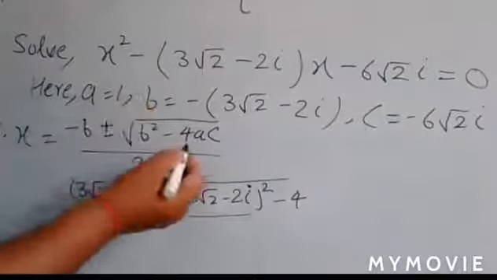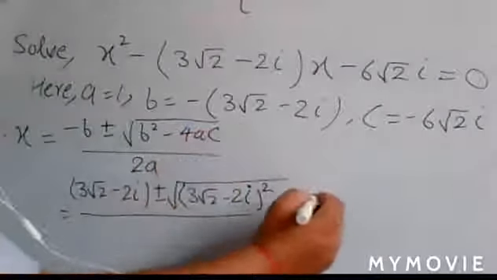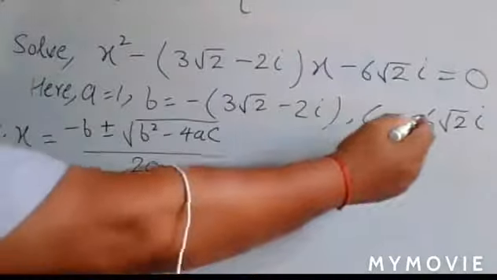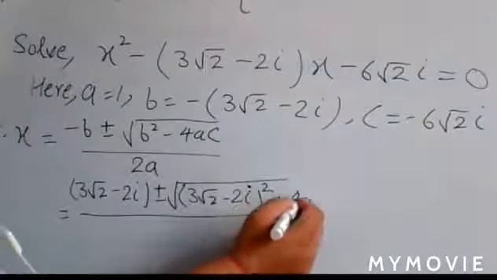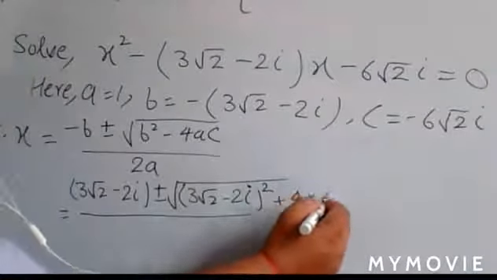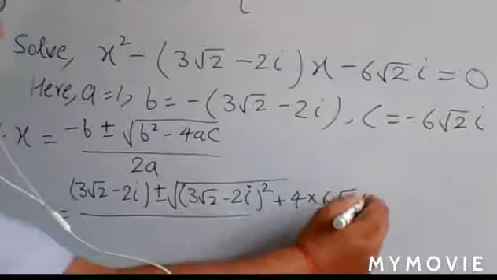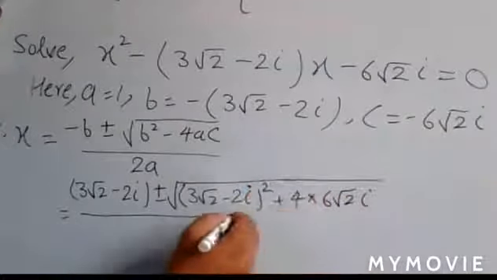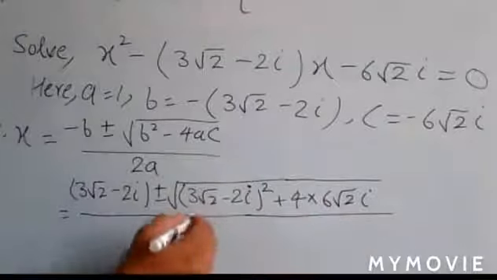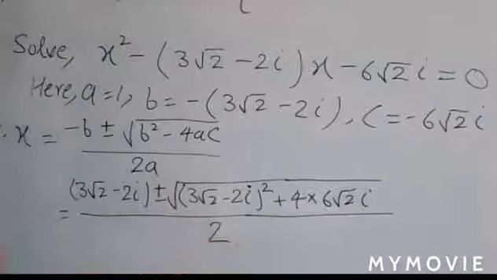Here the value of a is 1 and the value of c is negative, so you write here positive, into 6 root 2 times i, and whole divided by 2a, so you write here 2. Now just simplify it.